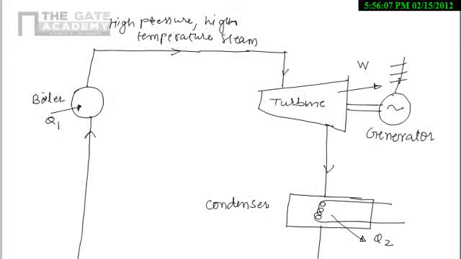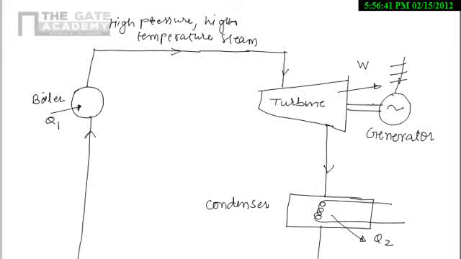So this is a block diagram representing the simple steam power cycle. Again I will repeat it. In the boiler we give the heat, suppose Q1, and due to this heat the water converts into high pressure, high temperature steam. Then this steam enters the turbine, and the turbine does work, which is useful in generating electricity.